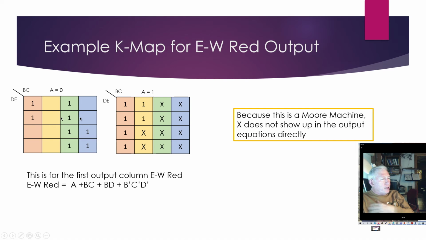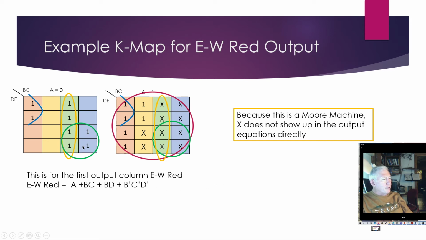This map isn't the constant 1 because over here you have where A is A prime, so you haven't eliminated A. This is just A. Then we group this row of 4 with this row of 4 to get a group of 8, and that's going to be BC. The big loop over here is just A, then BC. Then we group these 2 groups of 4 for a group of 8. That's BD. And then we have 2 here with 2 there for a group of 4, and that's B prime, C prime, D.